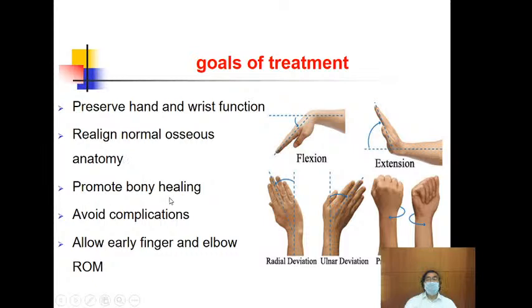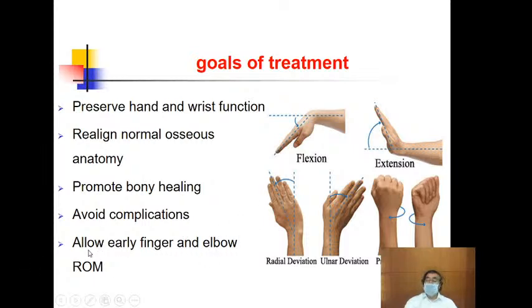And the bony union should be promoted. If you reduce it properly and immobilize it adequately, then the bone unites in its optimum position. So if you do the reduction properly and immobilize it properly, then you are promoting bony healing, and you can avoid complications by managing them in a proper way.